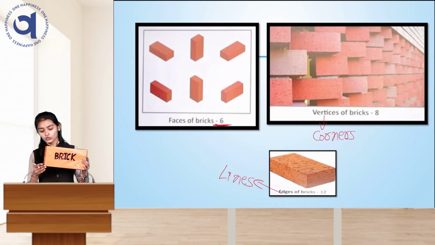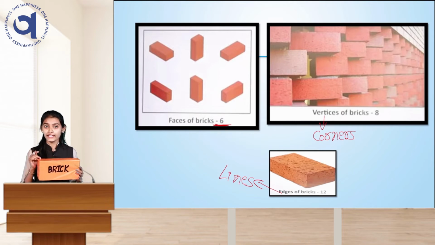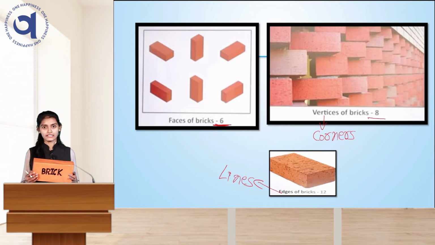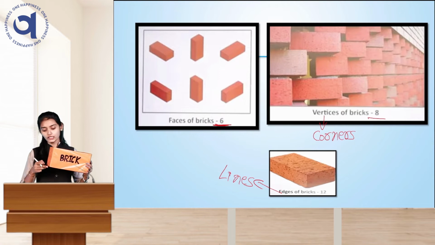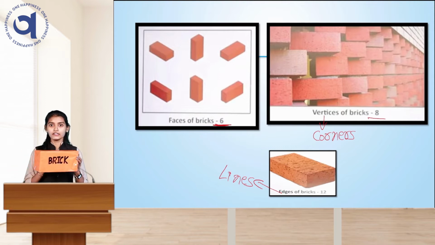So 1, 2, 3, 4, 5, 6, 7 and 8. So there are total 8 vertices. Let's count edges. It means lines. 1, 2, 3, 4, 5, 6, 7, 8, 9, 10, 11, 12. So there are total 12 edges.